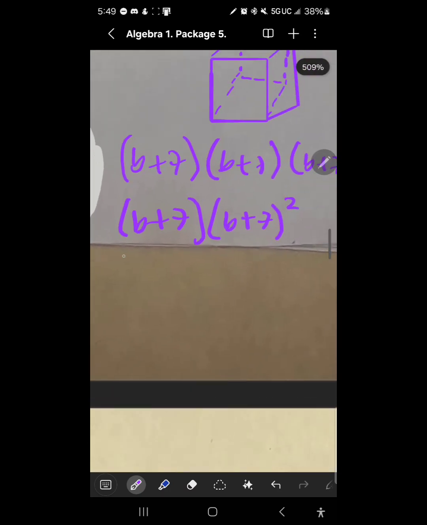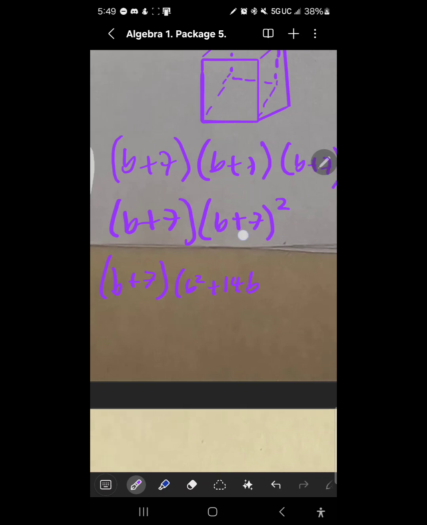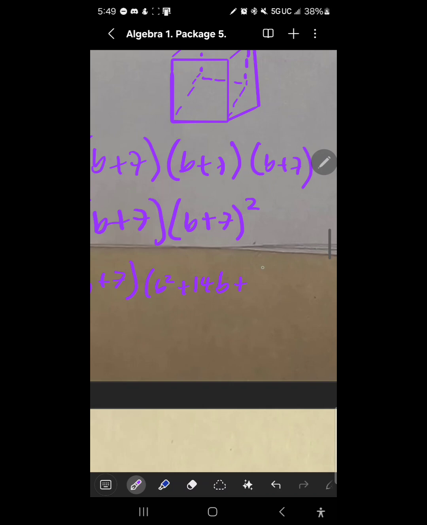And now I can use my formula. So here I keep the first part, so it's b plus 7. And then this will be b squared plus 14b, because 2 times 7 times b is 14b, plus 7 squared, which is 49.